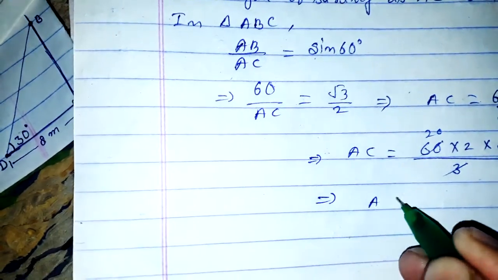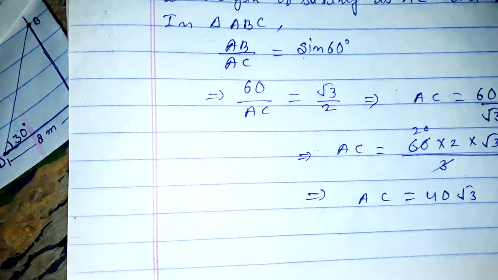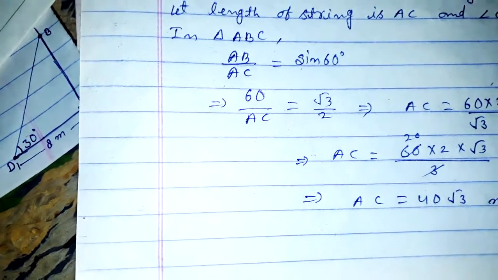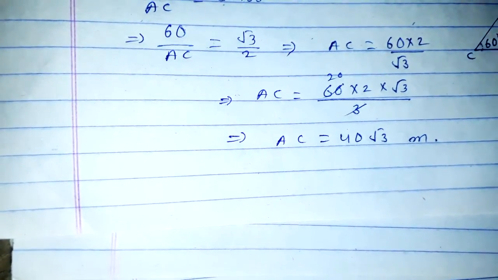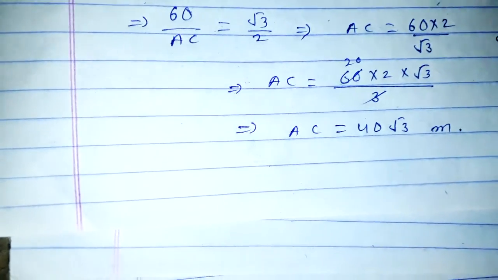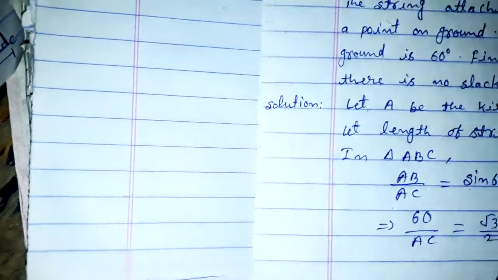So AC is equal to 40 root 3 meters. You can also put the value of root 3, which is 1.732, approximately.